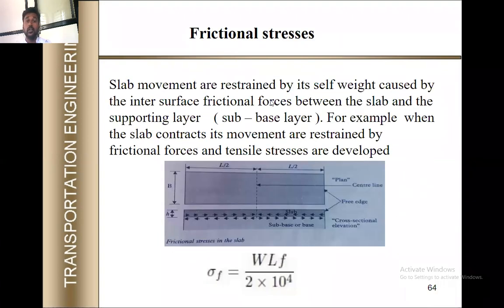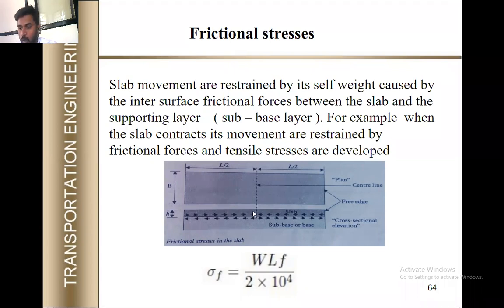Then the second temperature stress is the frictional stress. See here in the figure, you can observe that the movement of the slab is restrained by its self weight, caused by the interface frictional force between the slab and the supporting layer, that may be the subbase layer. For example, when the slab contracts, its movement is restrained by the frictional force and tensile stresses will be developed.